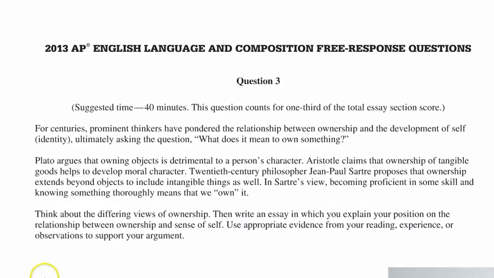Remember this? You should recognize the exact wording I used in both of those statements. In both of those, I said there is a positive relationship between ownership and sense of self, or there is a negative relationship between ownership and sense of self. But I used the exact wording from the prompt. That's one way to do it.